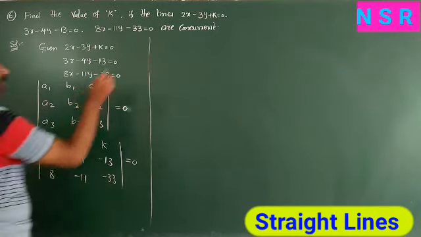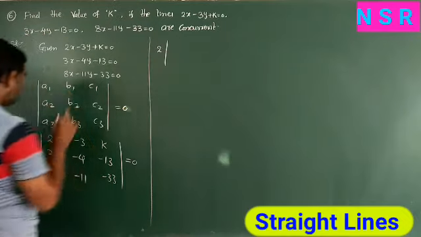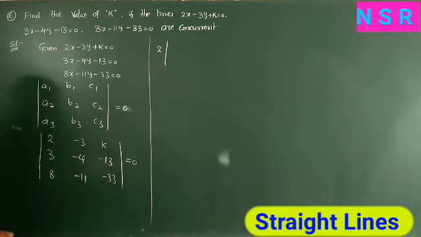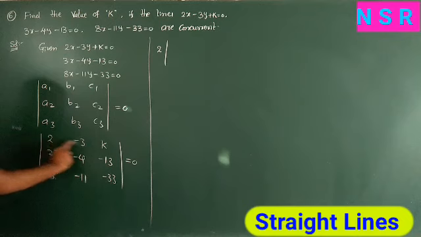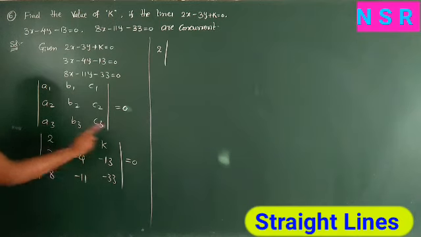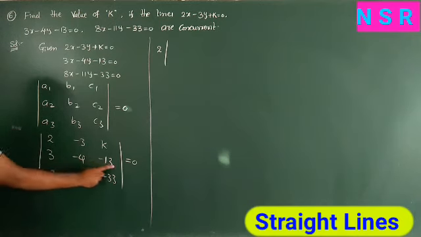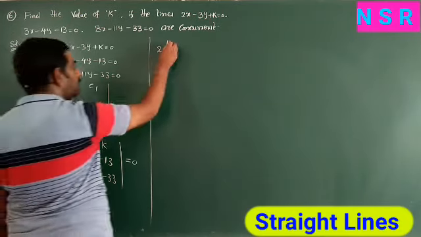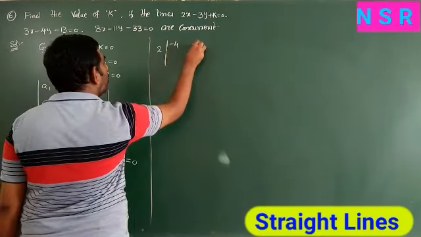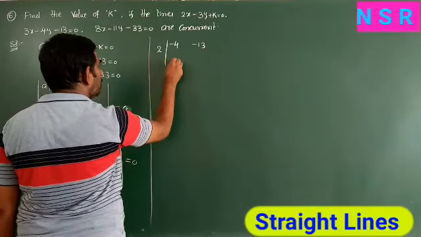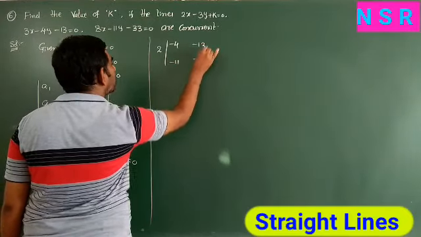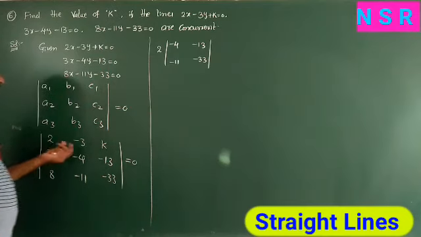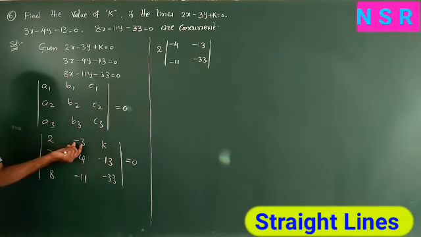So write the first row, first column element, and eliminate this row and column. We get 4 elements: minus 4, minus 13, minus 11, minus 33. Next, the second element, first row second column, that is minus 3.